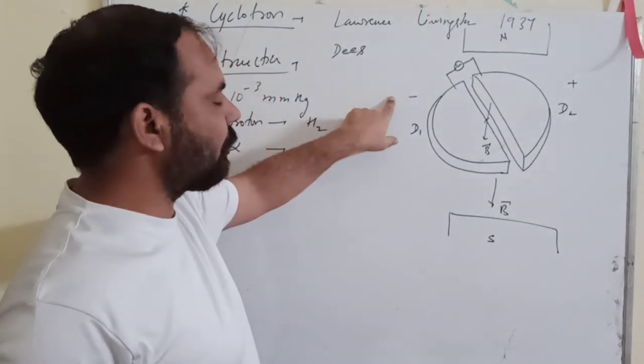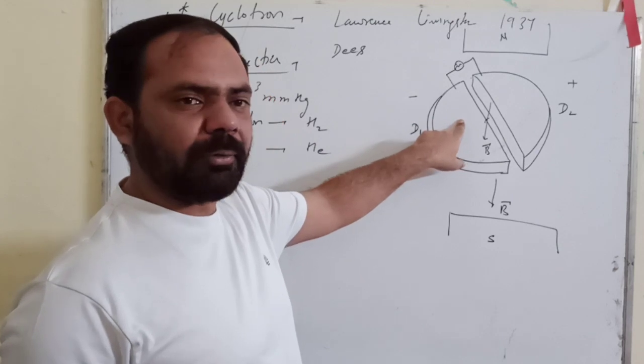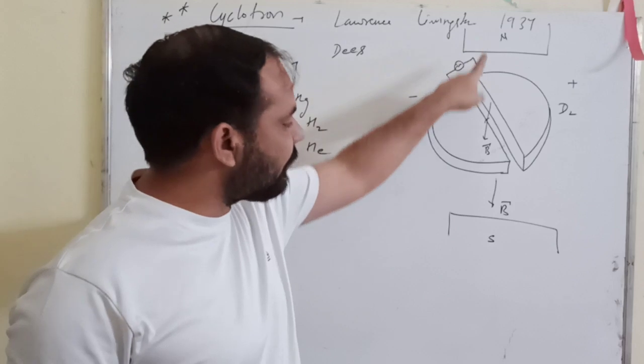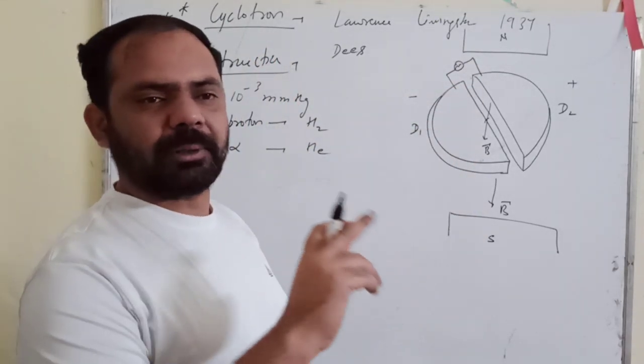If it is negative, due to this negative polarity the proton will be attracted towards D1 and will move towards D1. But due to the presence of the magnetic field, it will follow a circular path.